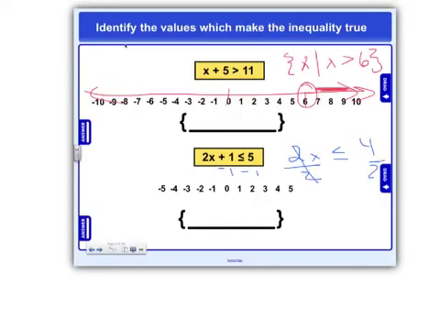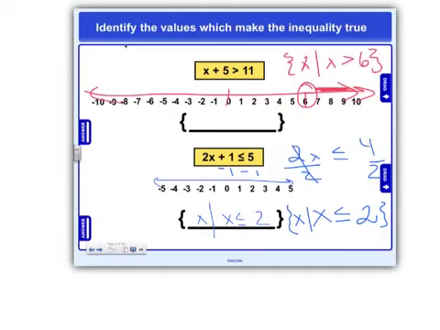You're dividing by 2, which is positive, therefore your inequality faces the same direction. In set notation, it'll look like that. And if I were to draw it and graph it, I've got my 0, I've got my 2. It's going to be a closed circle because it includes 2, as well as everything less than 2.